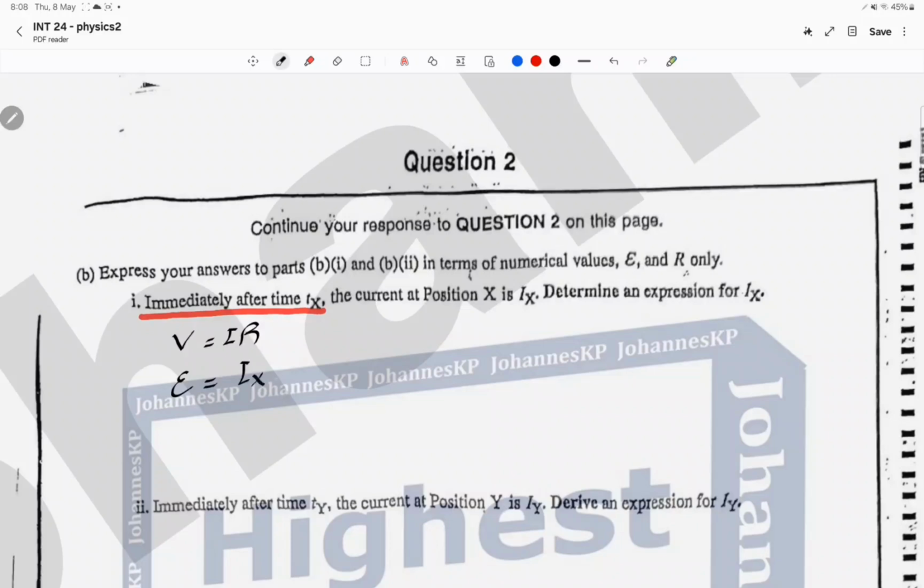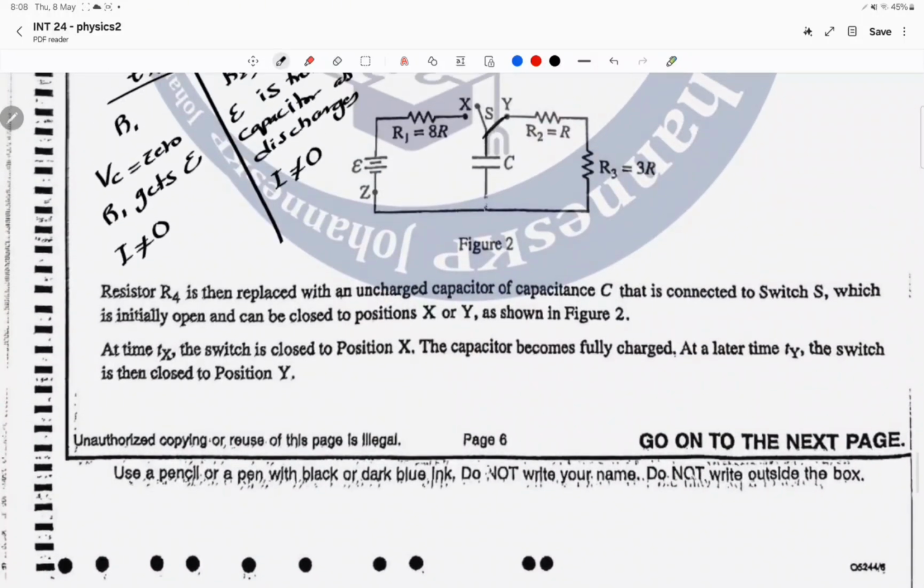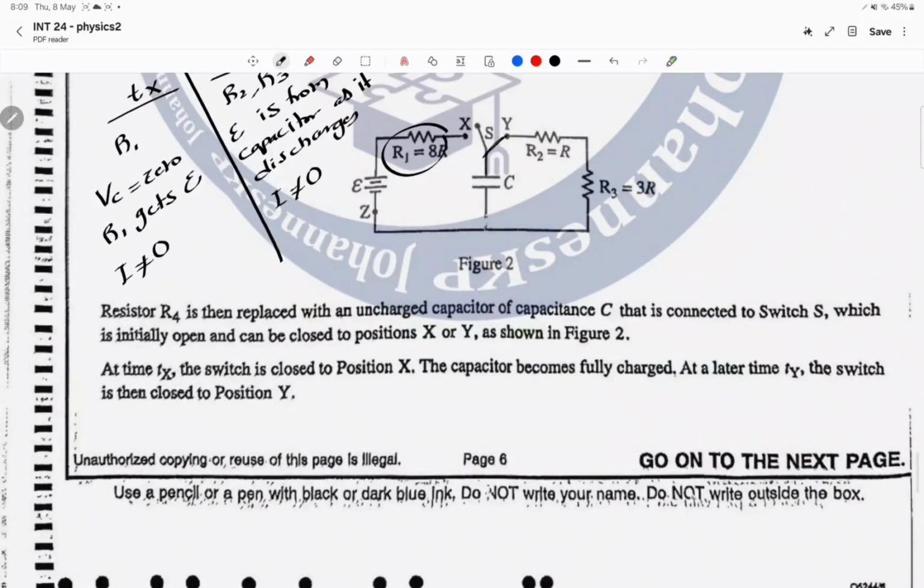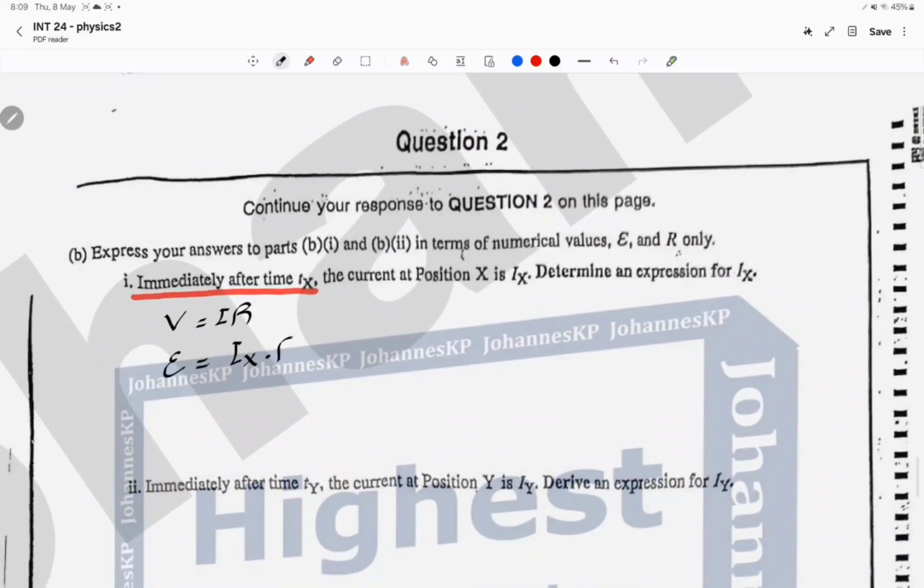And IX, that means the current at time X or at position X. And we're going to be dealing right now with R1 only when the switch is closed at point X. So times R1. Now right here that R1 is equal to 8 ohm. And so now we're going to say IX is equal to EMF over R1, which equals EMF over 8.